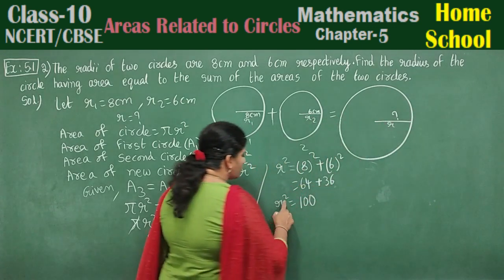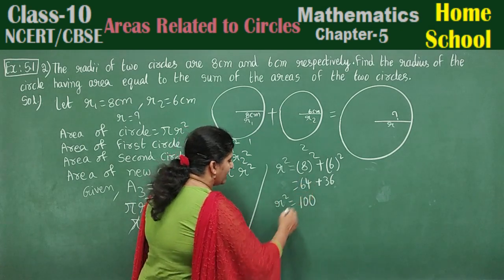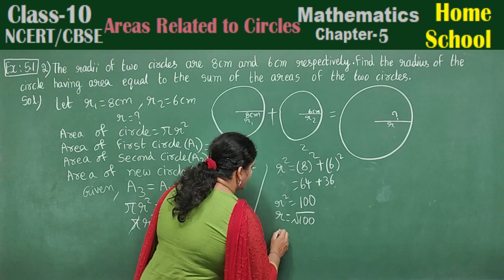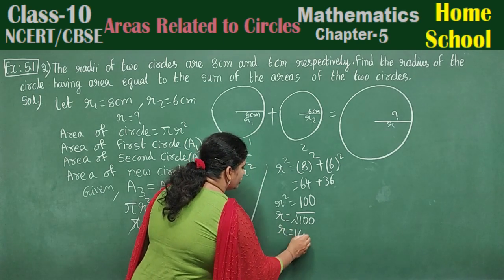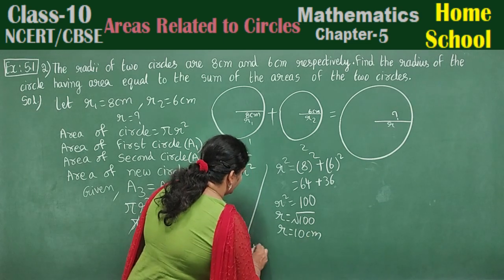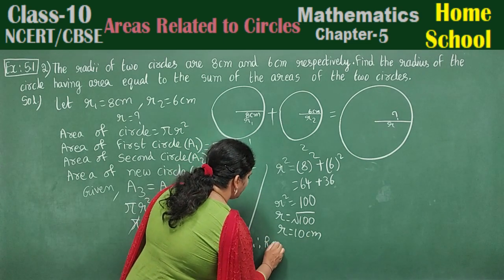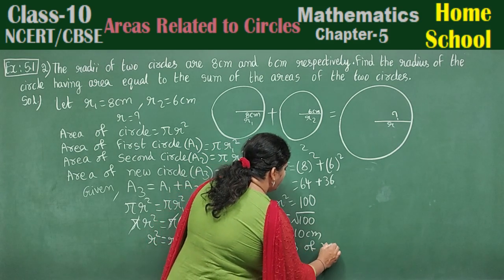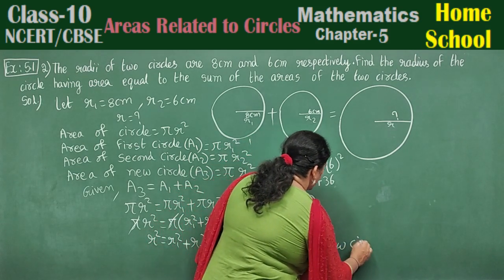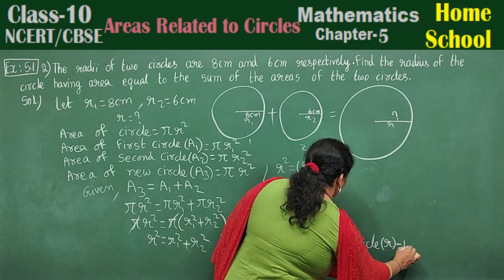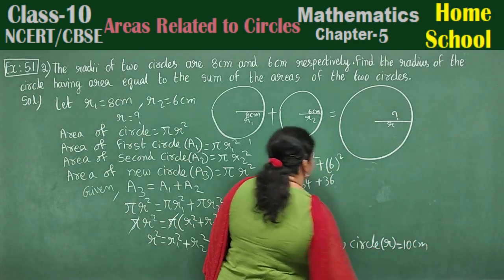That is square. Remove the square by applying the square root on the other side. Square root of 100. R is equal to 10. And what is its unit? Centimeters. Therefore, the radius of the new circle R is equal to 10 centimeters.